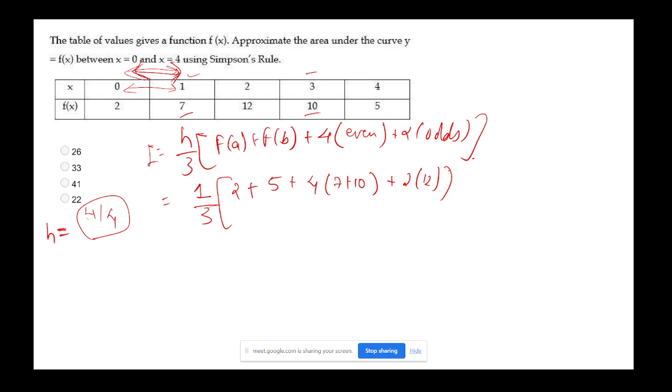If you solve, it will come out to be 33. Correct answer is 33.